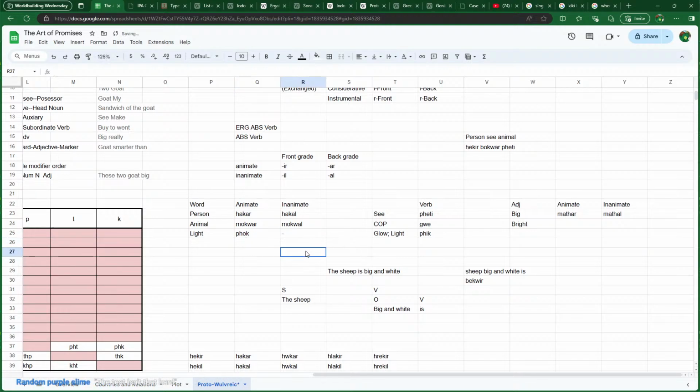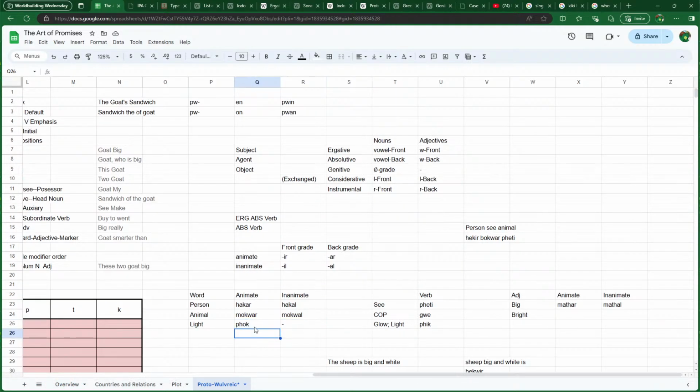There won't be an inanimate form. And this is important because this will be Pokir, I guess. Or sorry, Pokar.